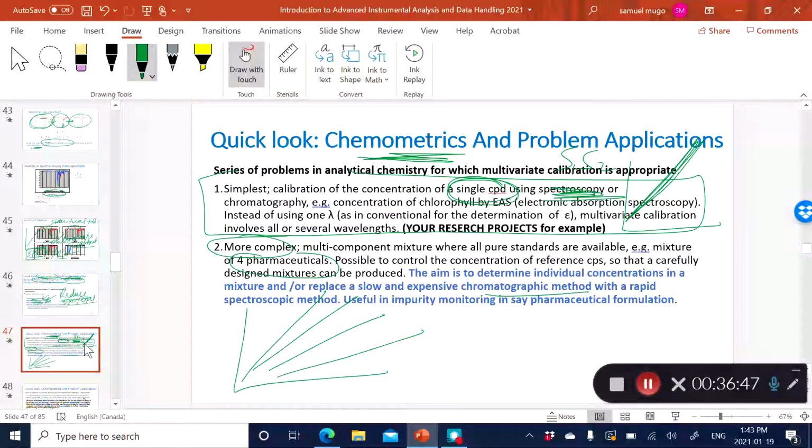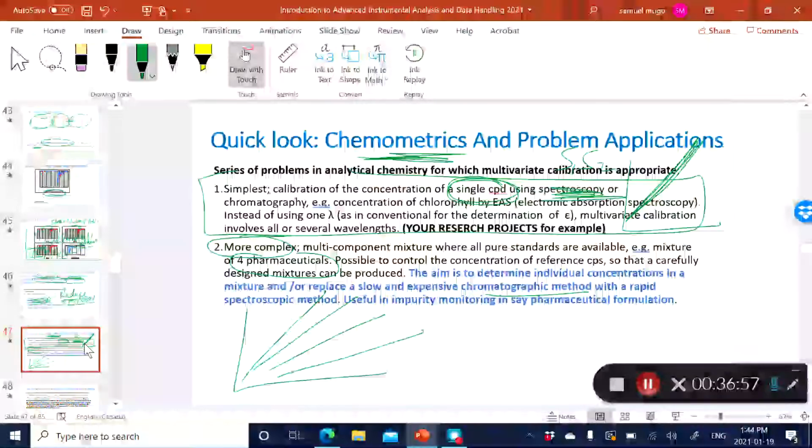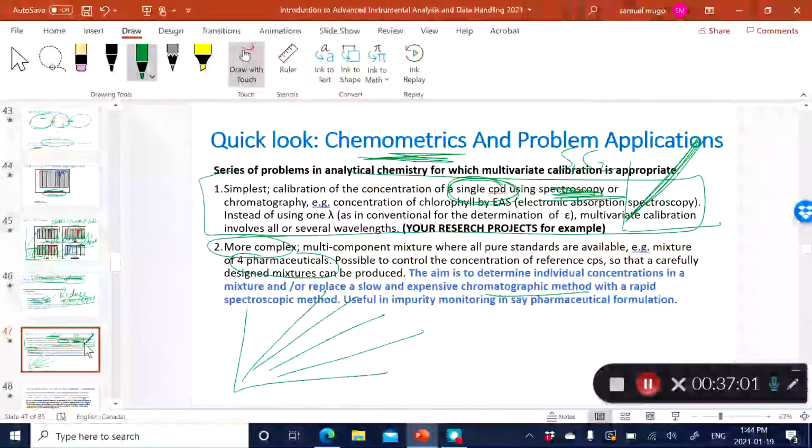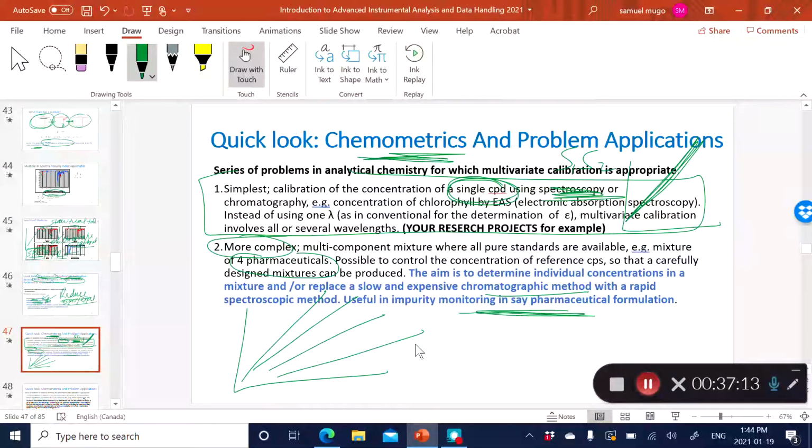And so based on that, I can again analyze them in different proportions, make standards in different proportions, and use statistical tools like SPSS, Excel, and so on, to build the best regression model for each of the compounds in the mixture. So very, very useful, if at all I don't want to do chromatography, which takes a lot of time, and very useful also if at all I'm trying to detect any impurities, say in pharmaceutical formulations.